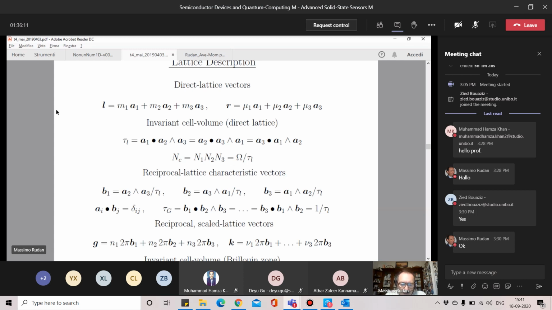In the case of a crystal that is periodic in space, we have a periodicity along the first direction with a period equal to A1. Then we have a periodicity along the second direction with a period equal to A2 and so on.